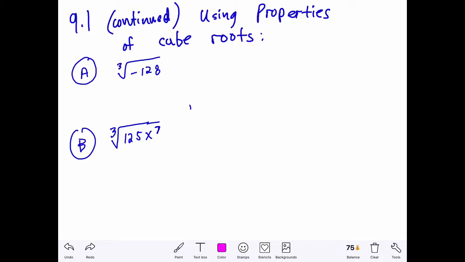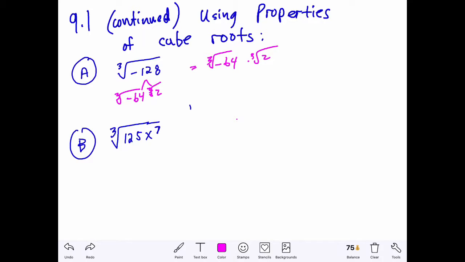Okay. And when I say use my factor tree and I say, oh, that could be negative 64 and 2, well, negative 64 is my perfect cube. So I can essentially apply that cube root to each of those individually. So the cube root of negative 64 times the cube root of 2.